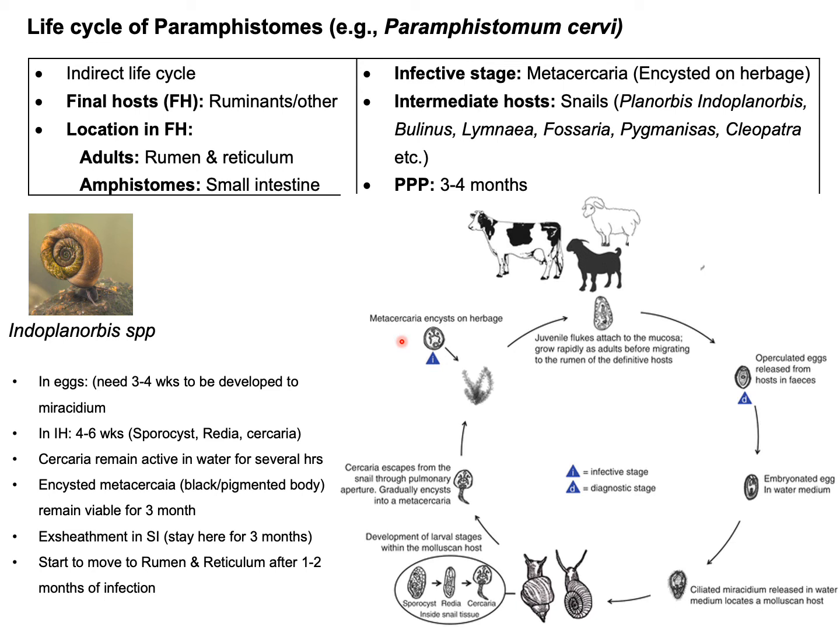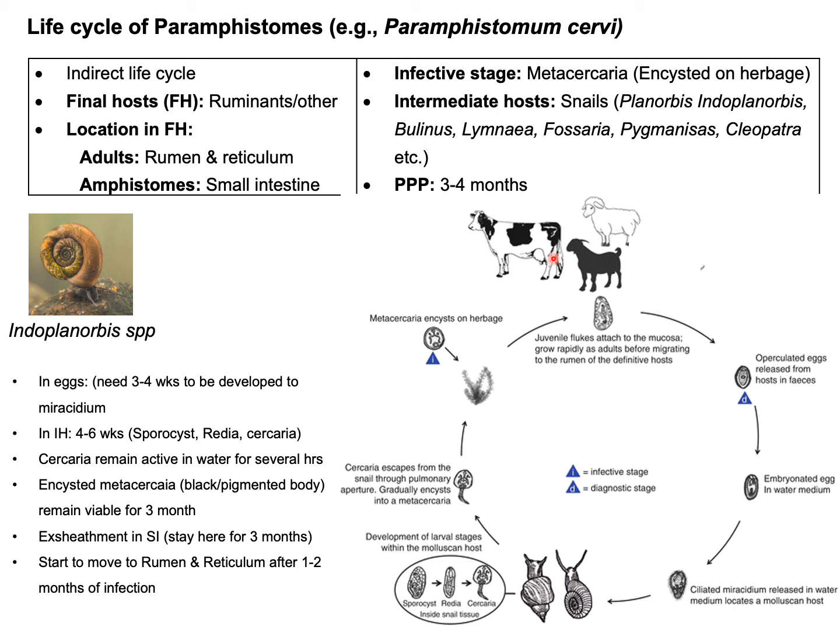This will look like a black or pigmented body, and will remain on the herbage or any kind of objects around 3 months. So within the 3 months, if the final host forages on the contaminated pasture, they will be infected.